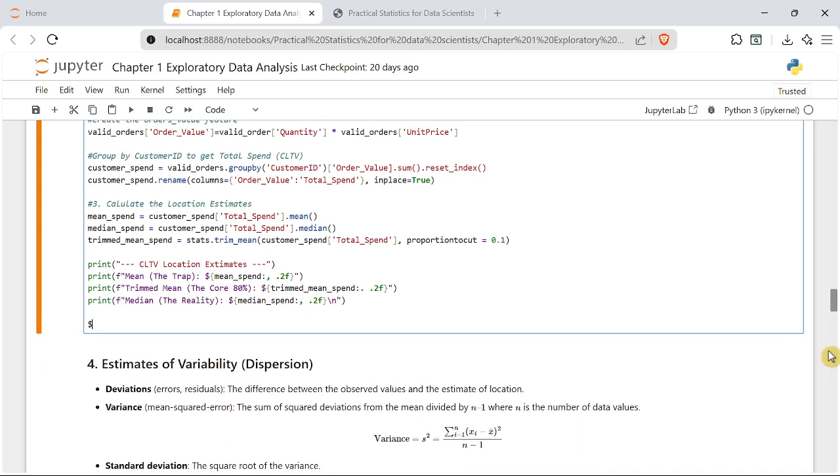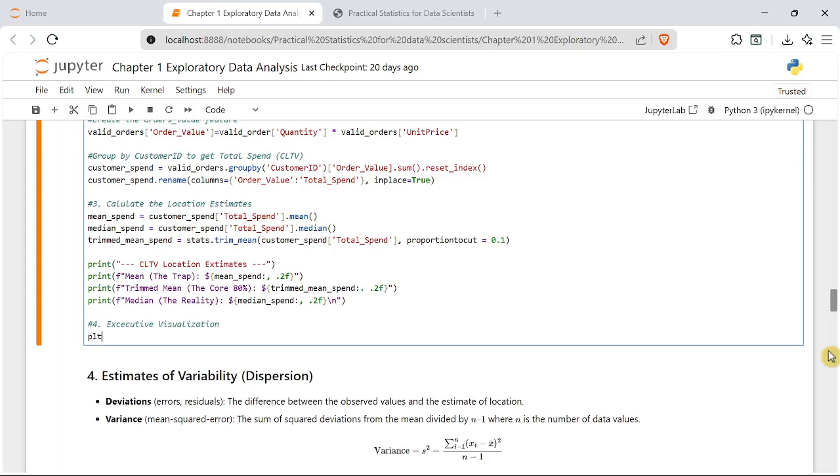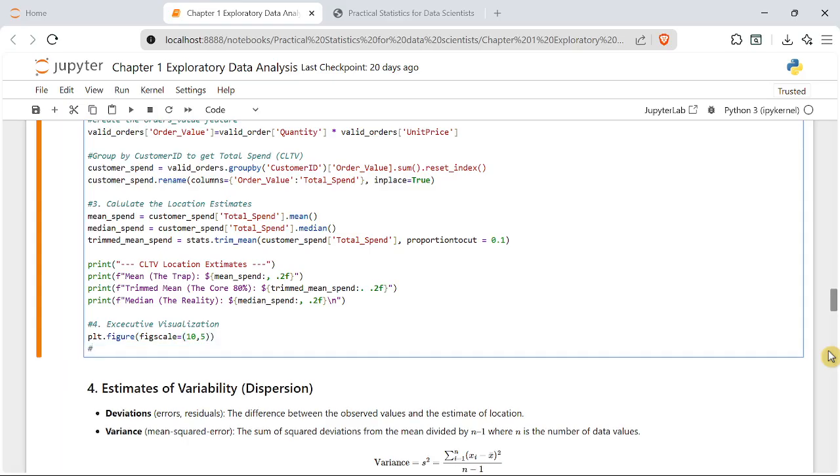Okay, hashtag 4, executive visualization. plt.figure figsize equals 10,5. Comment: plotting a log scale histogram due to extreme skewness.